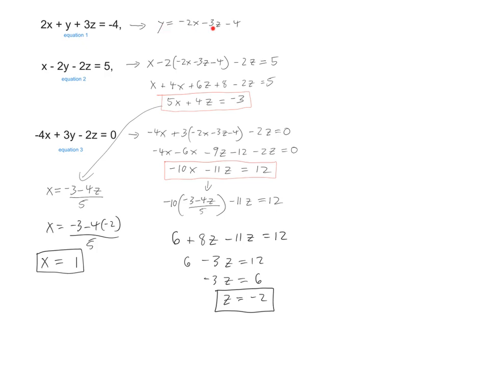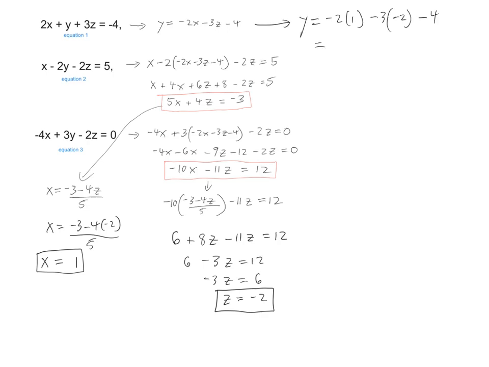And now I'm going to go back to this equation here, which tells me what y is in terms of x and z. And I'll substitute my known values in. So this is going to tell me then that y is going to equal negative 2 times x, which is 1, minus 3 times z, which is negative 2, minus 4.